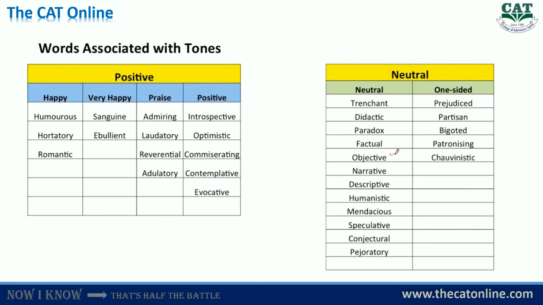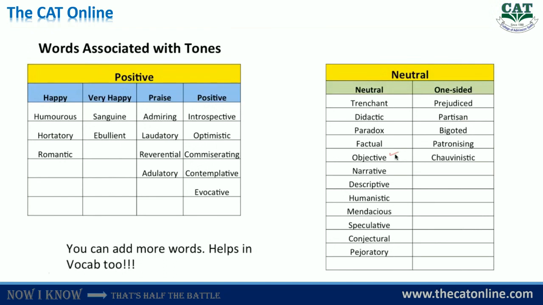They can beat them, they can treat them badly, or they may treat them in a good manner, but generally in a bad way, just because they are men and they have this whole right of beating them or humiliating them publicly just because they are men. So this is a chauvinistic tone, right? So these are again neutral tones.